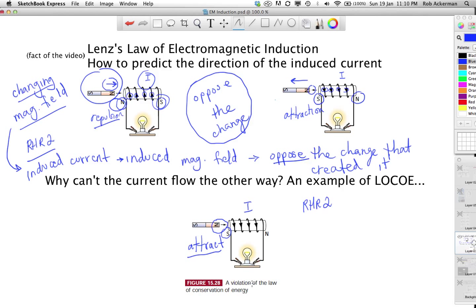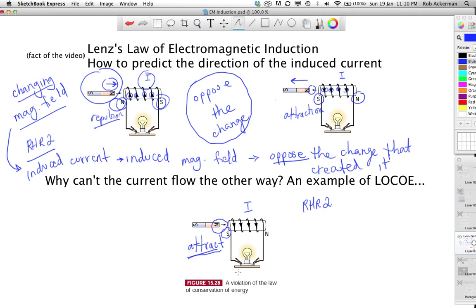What we would basically be faced with is a situation where if you just gave this magnet a little push to begin it moving, if you did a little bit of work on it, exerting a little bit of force through a little distance, all of a sudden we would get a lot more kinetic energy as the magnet got attracted inward and began moving faster. And of course here we'd get a whole lot of light and heat energy.